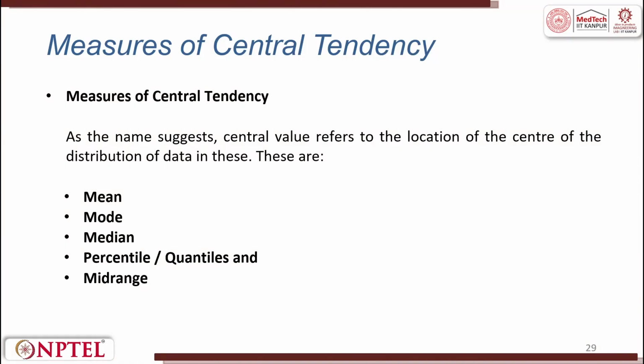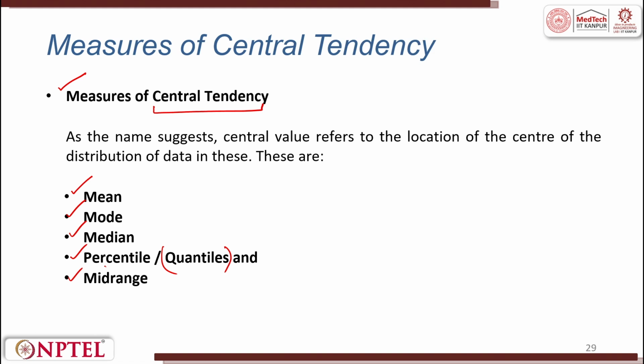First is measures of central tendency. I talked about the measures of central tendency in the previous lecture as well, when we were talking about the centering of the data. To what point is the data centered? It could be based upon mean, mode, median, percentiles or quantiles, and mid-range.